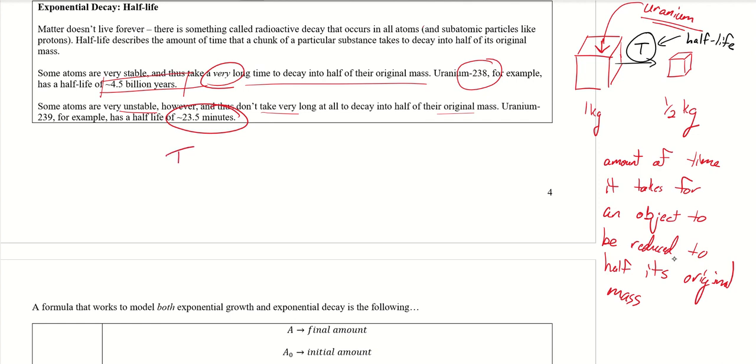So the half-life of, let's say, U-239, the half-life of uranium-239 would be around 23.5 minutes. That would be the half-life. And the half-life of this much more stable isotope of uranium is much longer, 4.5 billion years.